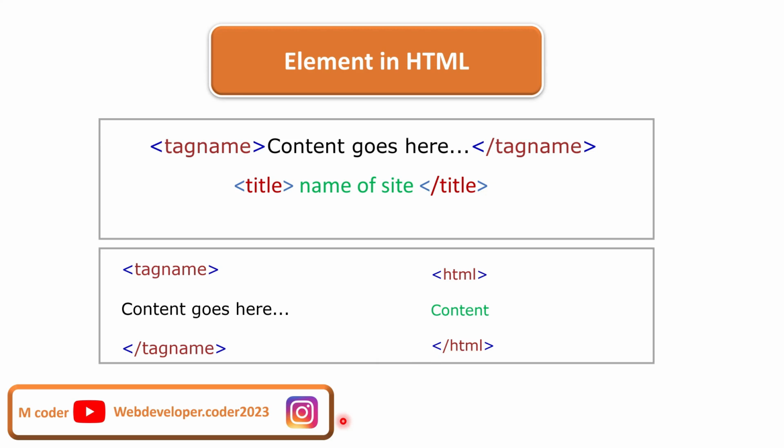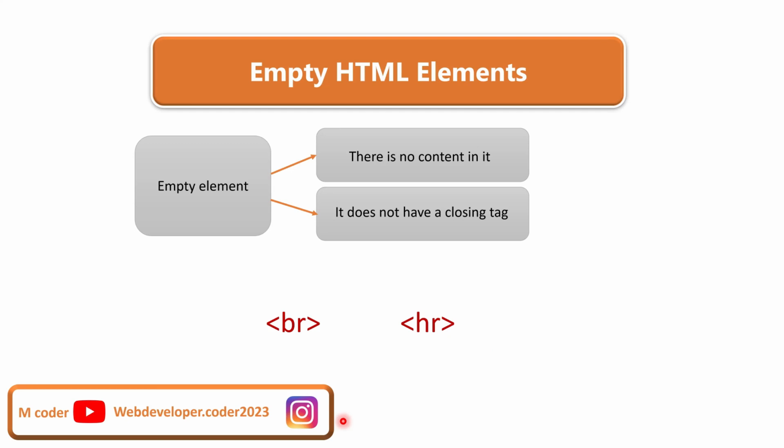Let's go to the next slide to get to know the concept of the empty tag. Empty HTML elements. Its syntax only has an open tag and no closing tag. HTML elements with no content are called empty elements.